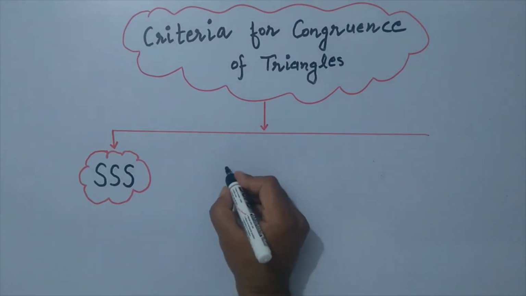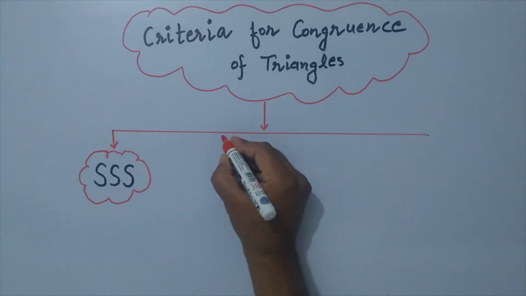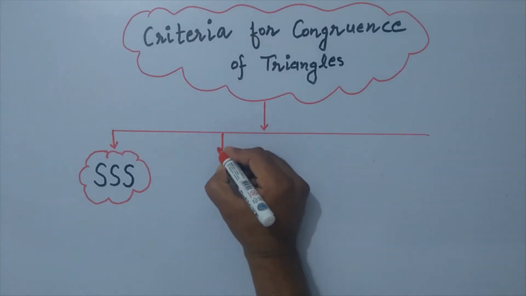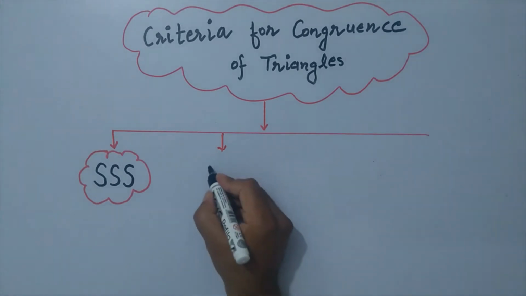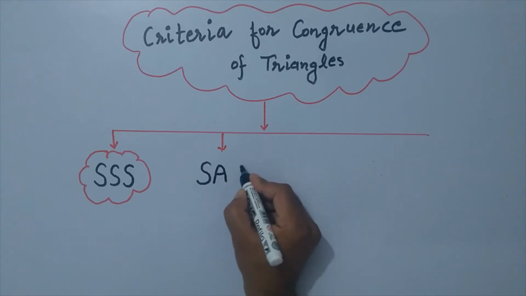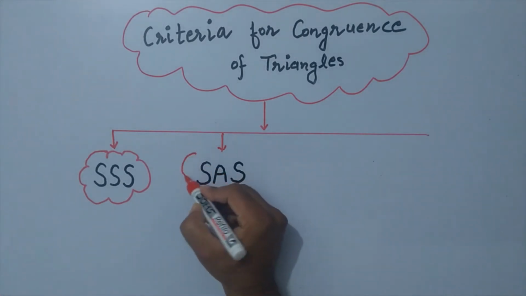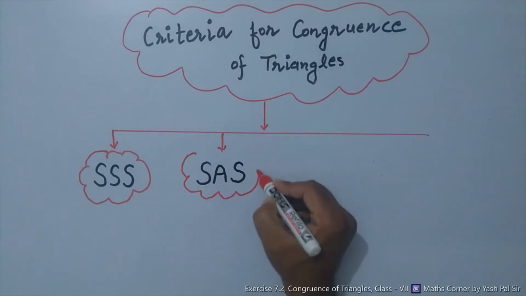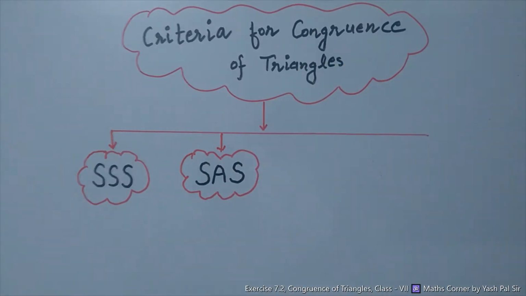The second one is SAS, side, angle, side. This is the second criterion for congruence of triangles.